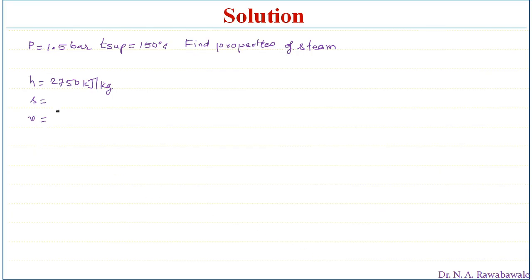So the entropy is 7.41 kilojoules per kg. This is the entropy.